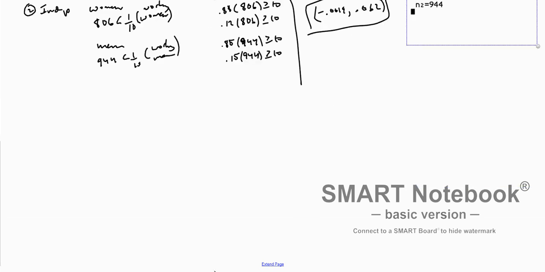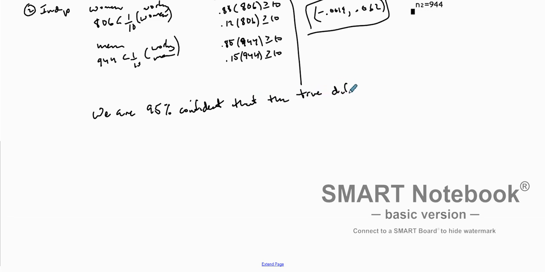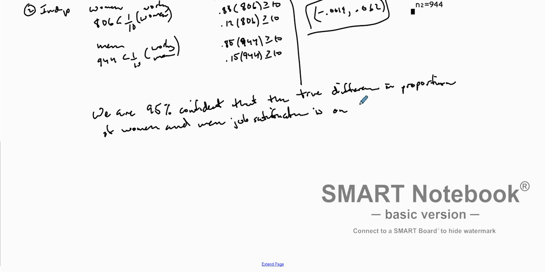So the final part of this is we're going to finish up our conclusion. What do we conclude? Well, we are 95% confident that the true difference in proportions of women and men's job satisfaction is on the interval.